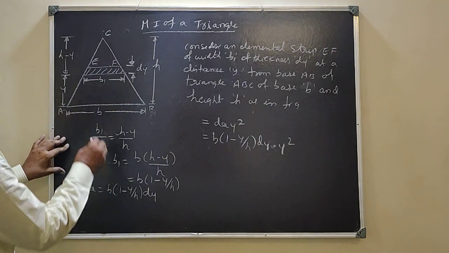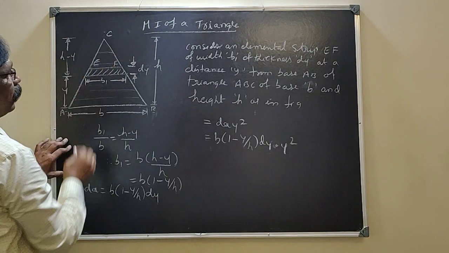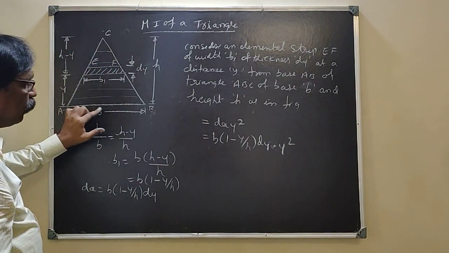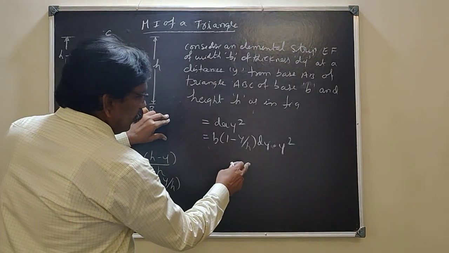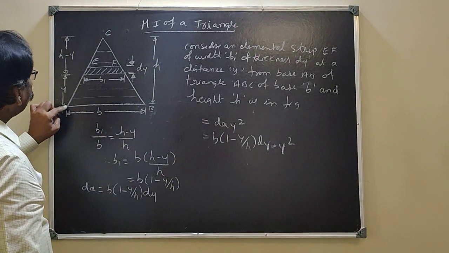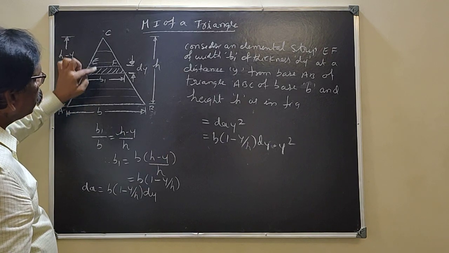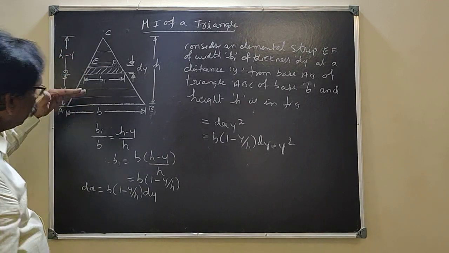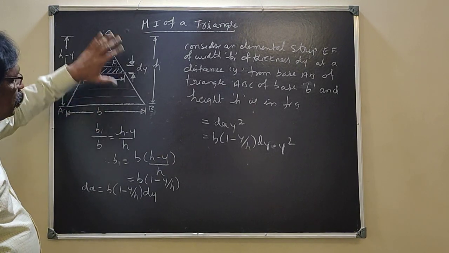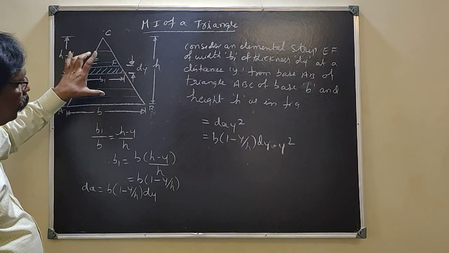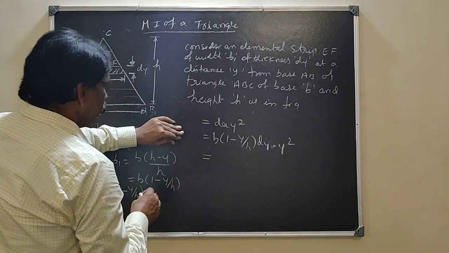Now it is made up of a number of such elemental strips parallel to one another, and their moment of inertia about the base can be obtained by integrating the above equation between the limits 0 to h. The moment of inertia of each strip about the base, collectively for the total area, can be obtained by integrating this equation between the limits.